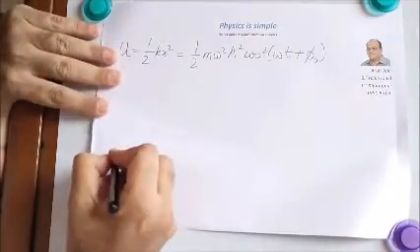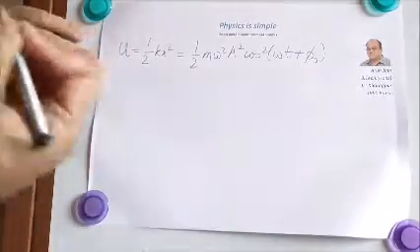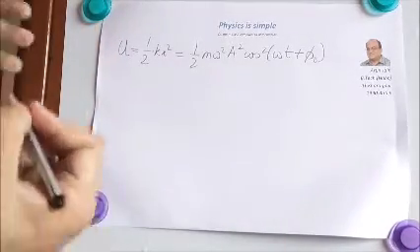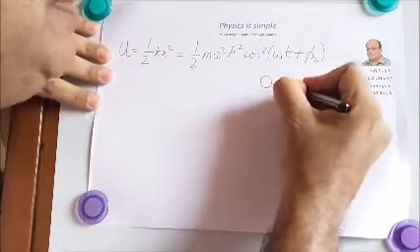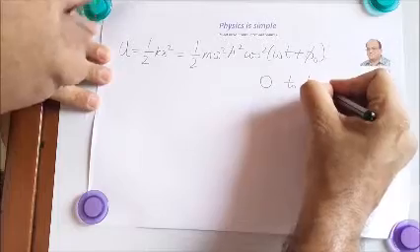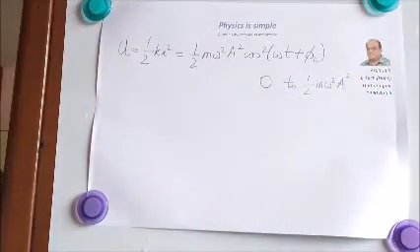The minimum value of this is 0, and the maximum value will be half m omega square a square. The value is 0 at the mean position and maximum at the extreme position.